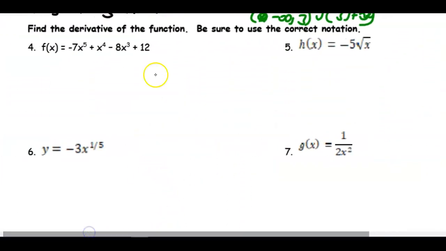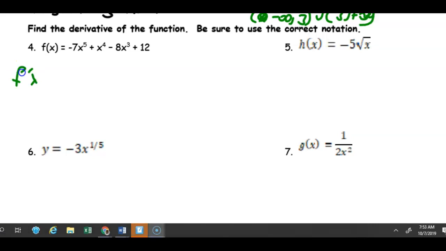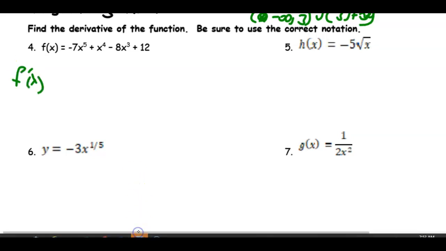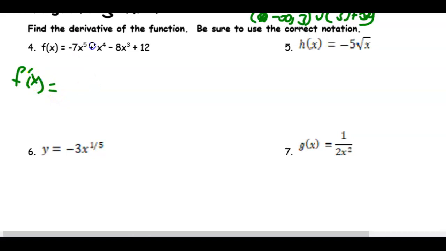Right here it says find the derivative of the function. Be sure to use the correct notation. So we're going to use the power rule right here. Let's find the derivative with respect to x. We're going to do 5 times negative 7, which is negative 35, and then subtract 1 from the 5, so that's x to the 4th.